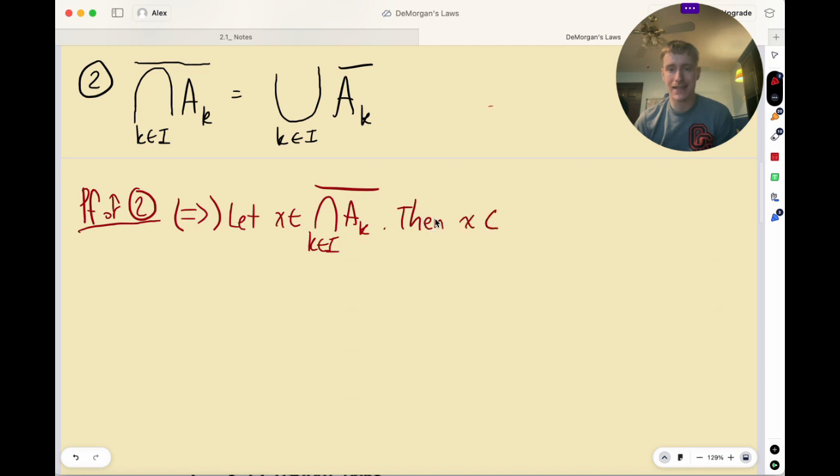That means that x is not in the original set, which is an intersection. Then let's think about it. If x is not in all of these, then there has to be at least one A sub k for which it's not a member. Maybe it's just one that it's not a member of. Maybe it's not a member of all of them. We don't know, but we do know that if it's not in all of them, it's not in at least one of them.